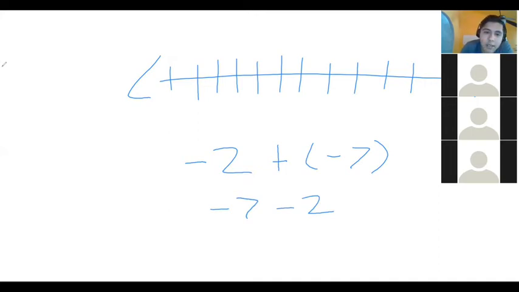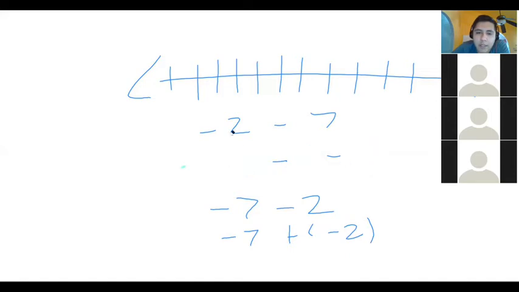We could also write it as -2 minus 7 or -7 plus -2. These are all the same, right? I just want you guys to be aware because sometimes we'll see it in a bunch of different ways, and we need to make sure that we have the correct one. But it works the exact same way, except this time they're the same sign, okay?